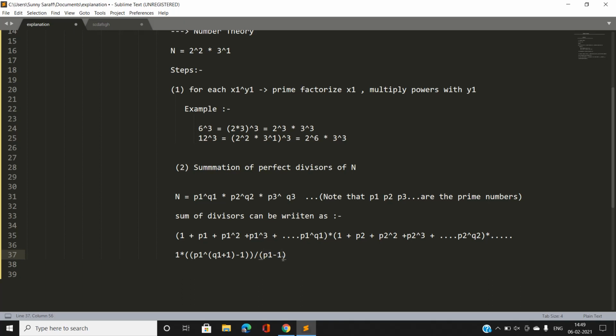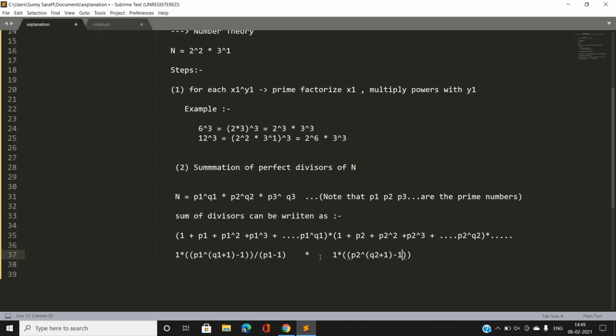So this is the statement of the first part, and our statement for the second part would be like, let me write, multiply, so our first term is 1 into our common ratio, that is p2 power total number of terms, that is q2 plus 1, minus 1.